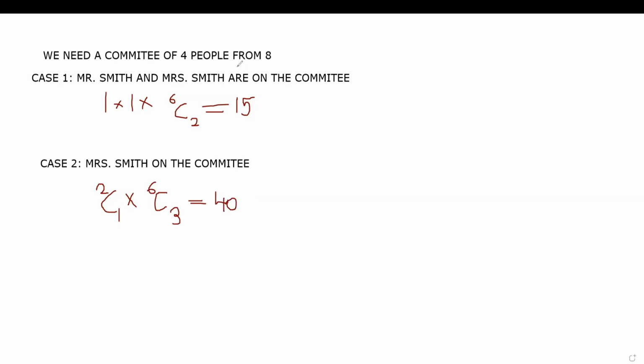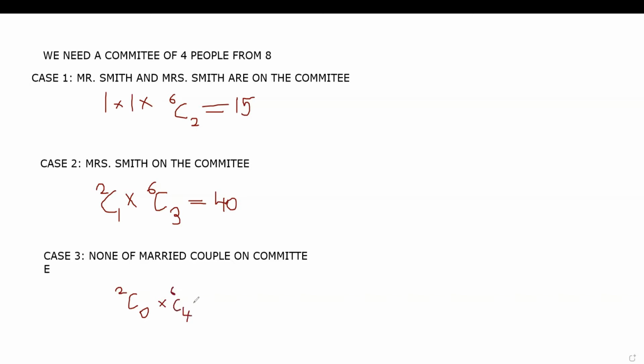Then finally, there's a case where we select committee members where none of the married couple are on the committee. So case 3 is none of the married couple on the committee. If we're not choosing any, 0 from those 2, we're not choosing any from the married couple, then we're choosing 4 from the 6 people left back.